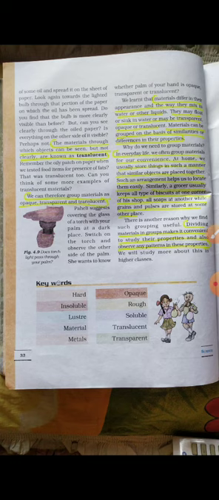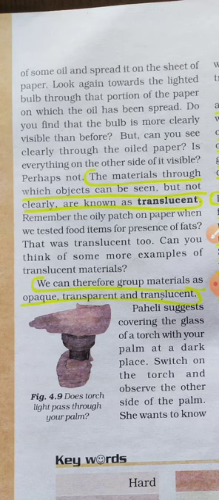Is everything on the other side of it visible? Perhaps not. Yes, children, everything will not be seen clearly because of the oil patches on the paper. So this oily paper becomes our translucent object. Am I clear, everybody? Okay, so that was about translucent objects.